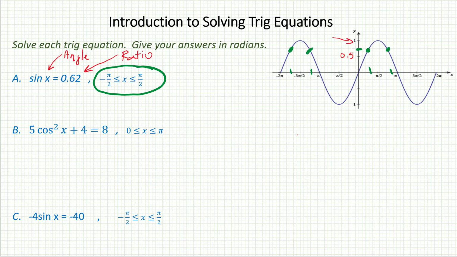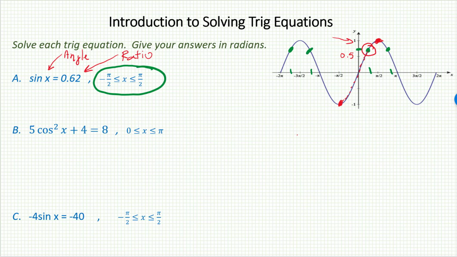Now that interval was chosen purposely because that is the restricted zone for the inverse sine function. Negative pi over 2 to pi over 2 would be this section of the graph, and in that particular section there is only one angle that leads to a sine ratio of 0.62.